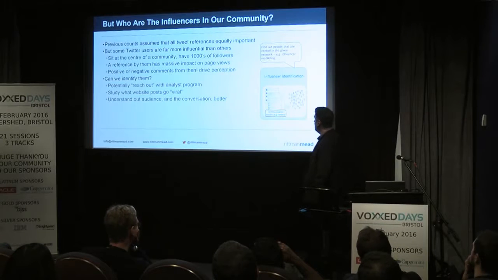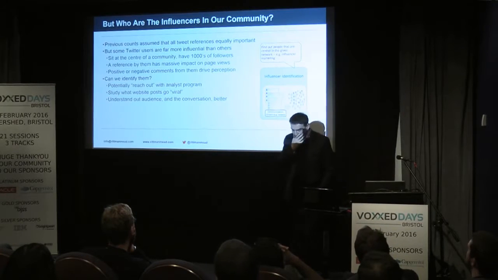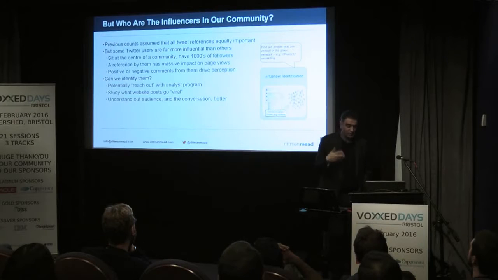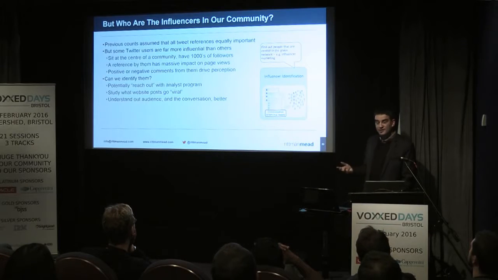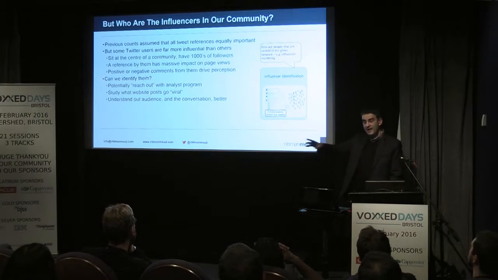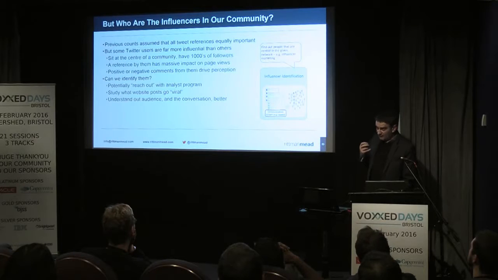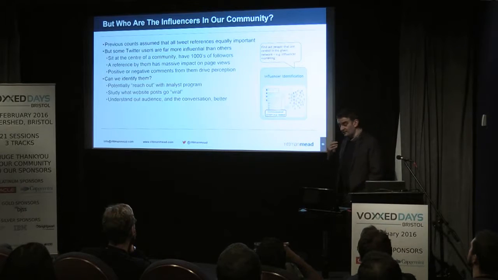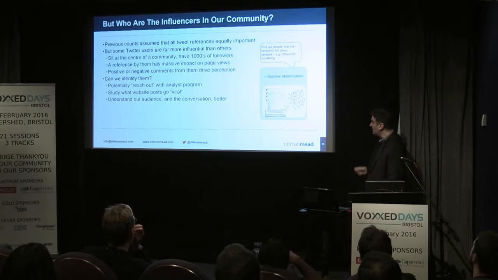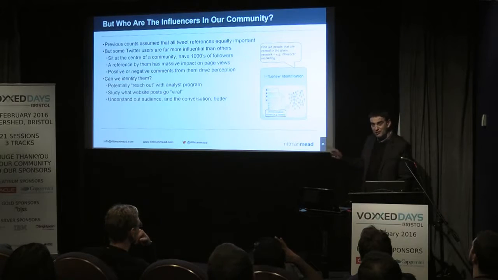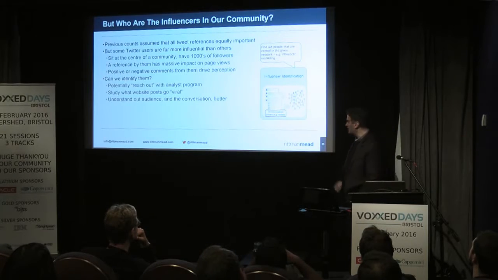We've got quite a strong community of people on Twitter around our website and the stuff that we do, and we're interested to understand who the people in that audience are who are influential in driving views of our website. If there's something bad being said about us, we want to know who it is so we can send someone out and get them kneecapped or whatever.